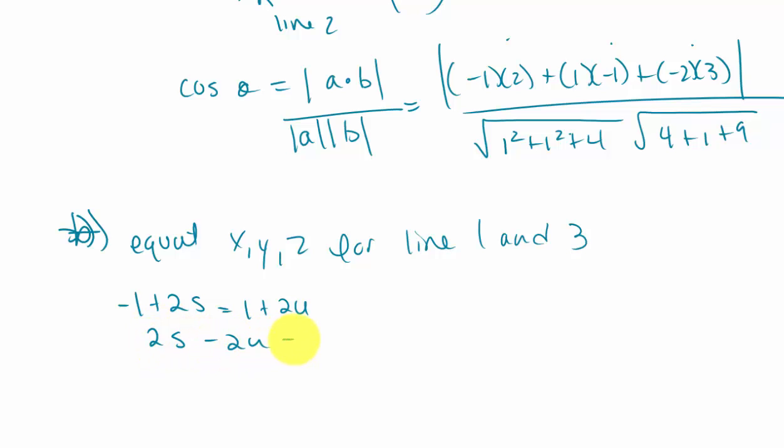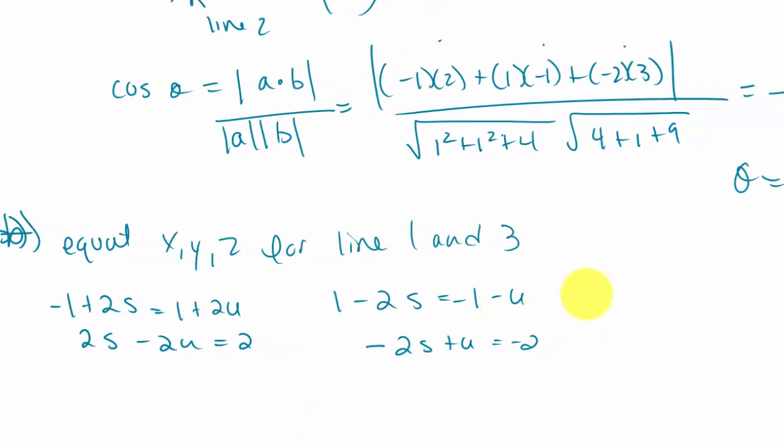So 2s minus 2u is equal to 2. 1 minus 2s is equal to -1 minus u. Negative 2s plus u is equal to -2. And 1 plus 4s is equal to 4 plus 3u. 4s minus 3u is equal to 3.